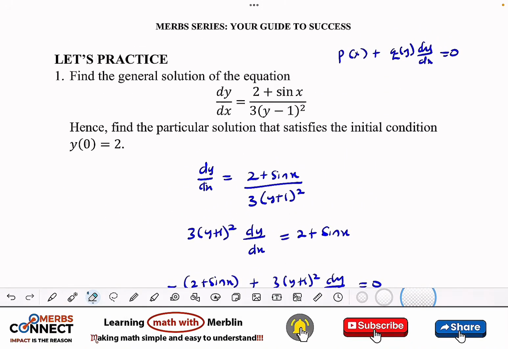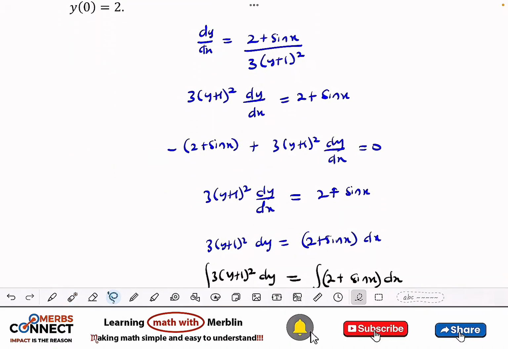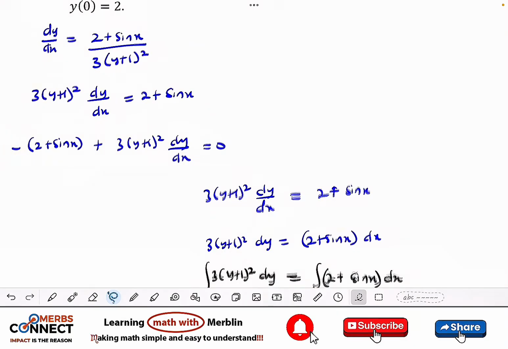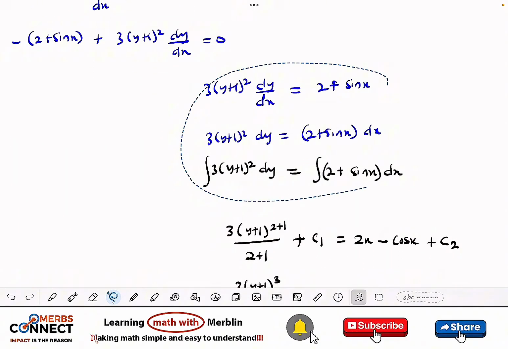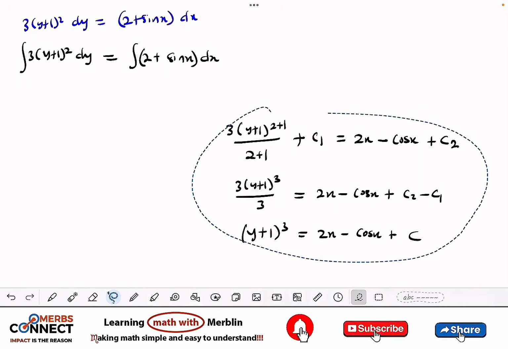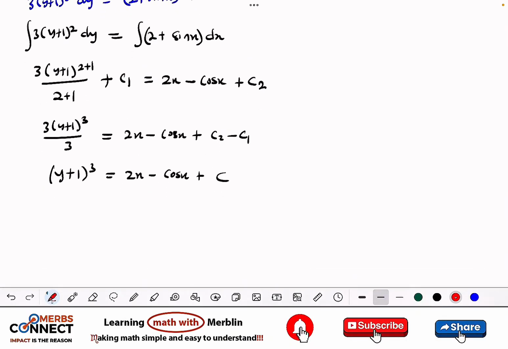They gave us an initial condition, so we can also use the initial condition to find the particular solution. So let's try and find the particular solution. They give us y of 0 equal to 2.